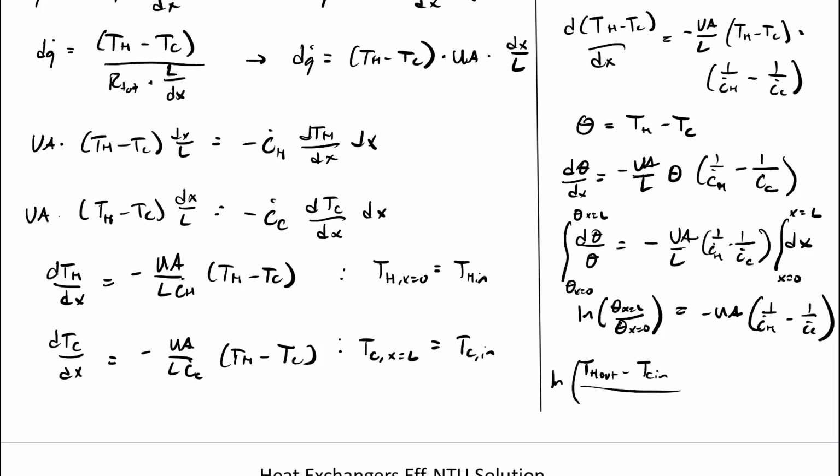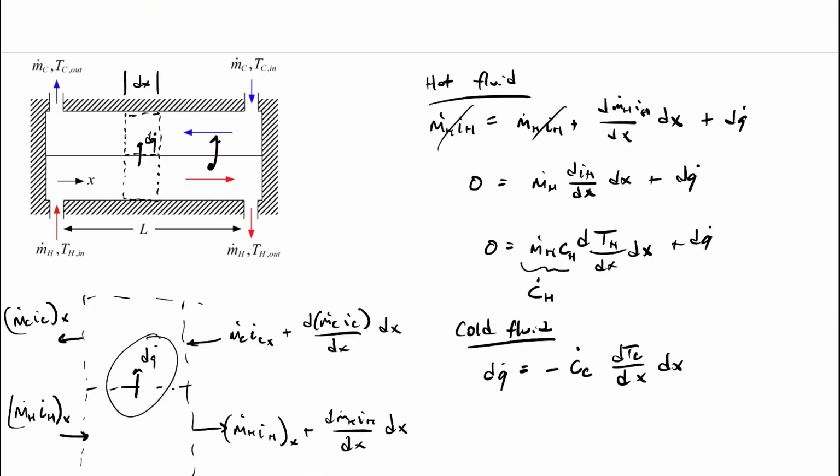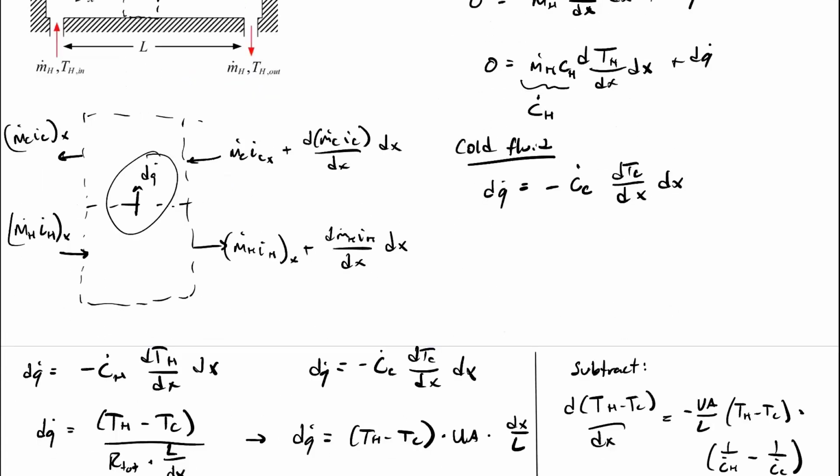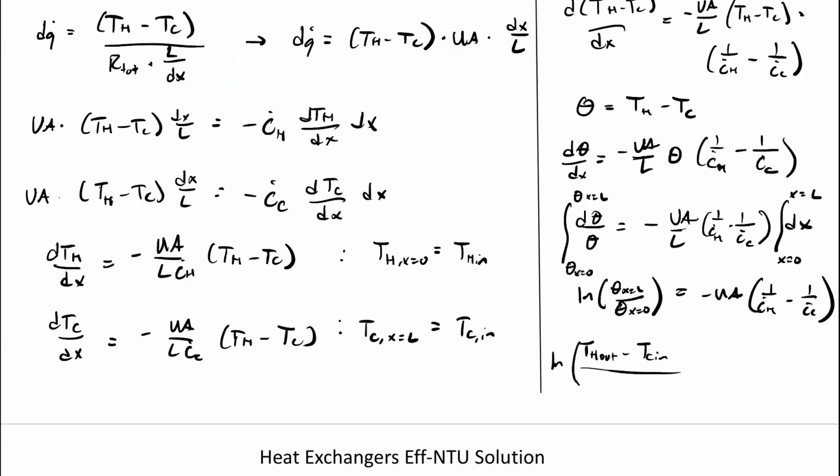So theta at x equals L, I could look back up here. Right, at x equals L, I have TH out and I have TC in, so that's my theta evaluated at x equals L. At x equals 0, I have TH in and TC out. So we'll go back and write that here. So we have TH in minus TC out. And that's equal to minus UA times 1 over C dot H minus 1 over C dot C. Okay.